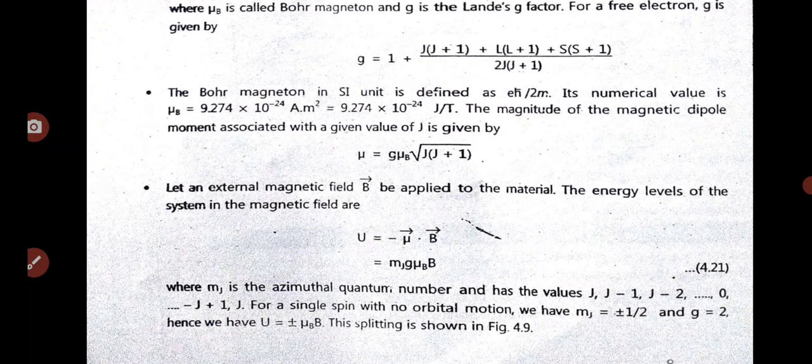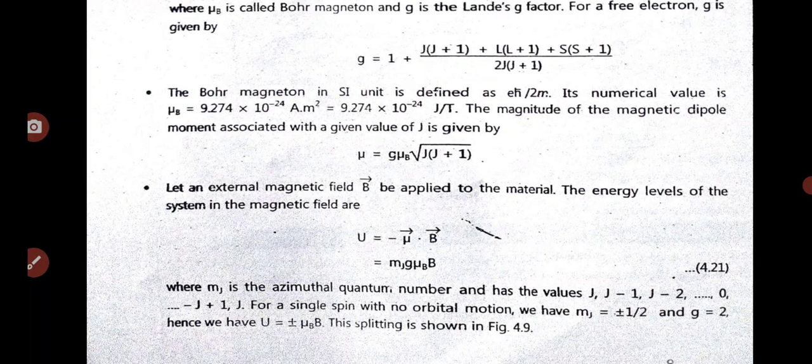The Bohr magneton mu B has SI unit eħ divided by 2m, and its numerical value is 9.274 times 10 to the power minus 24 ampere meter square, which is 9.274 times 10 to the power minus 24 joule per Tesla.